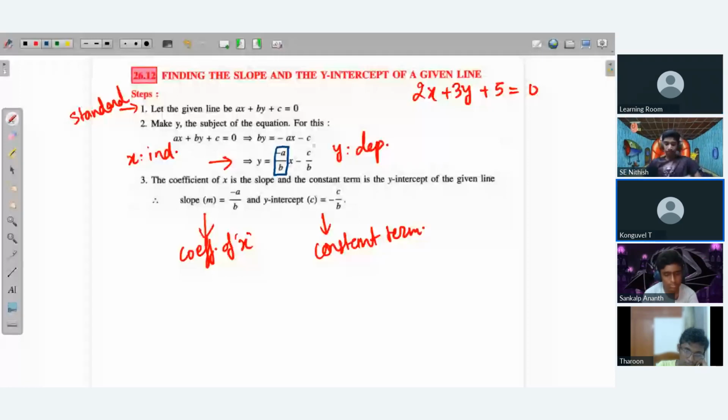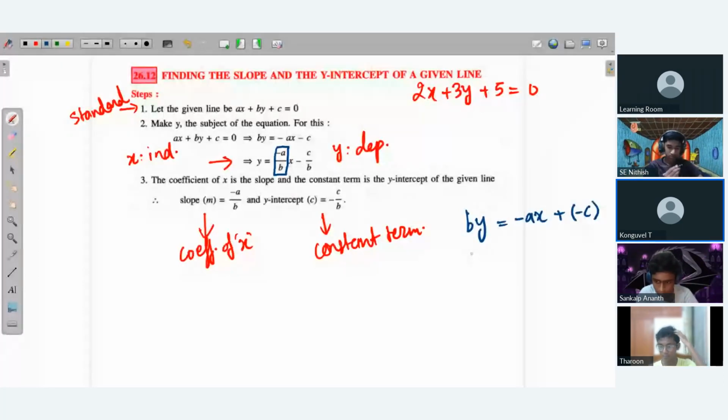Sir, how did 2 b's come? Where did 2 b's come from? Okay, so see, by was minus ax minus c. So I divided both sides by b to separate x.